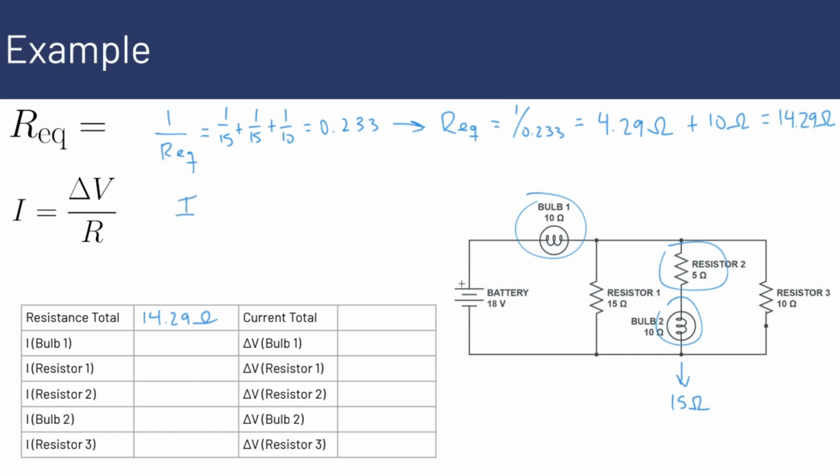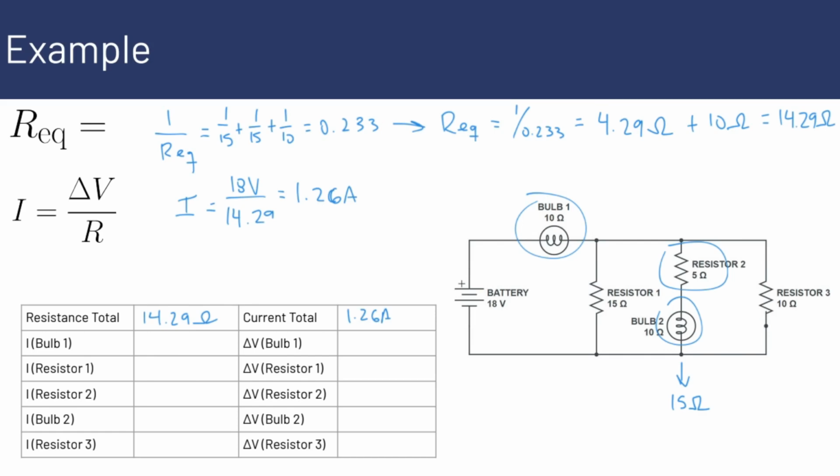So now we'll figure out the current for the entire circuit. Current is equal to our voltage, so that's 18 volts, divided by the total resistance for the entire circuit, so that's 14.29. So that current is equal to 1.26 amps. We'll write that down here, 1.26 amps.